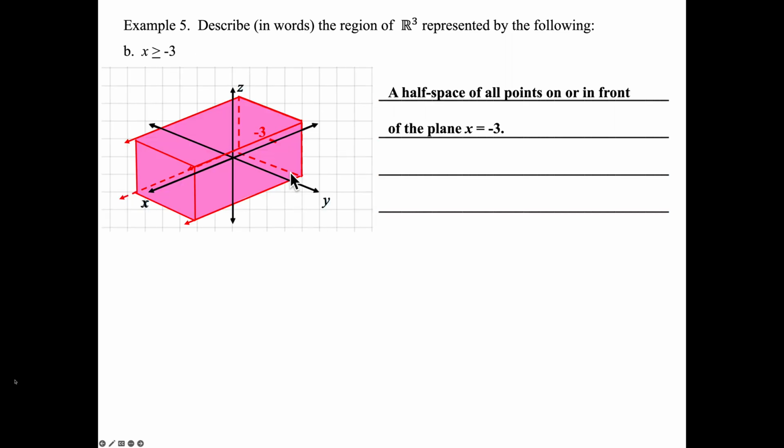So we're going to infinity in the direction of positive z and negative z, positive y, negative y, and infinity in the positive x direction. So that's like saying that's half of my three-dimensional space. All right, so a half space of all points on or in front of the plane x equals negative 3.